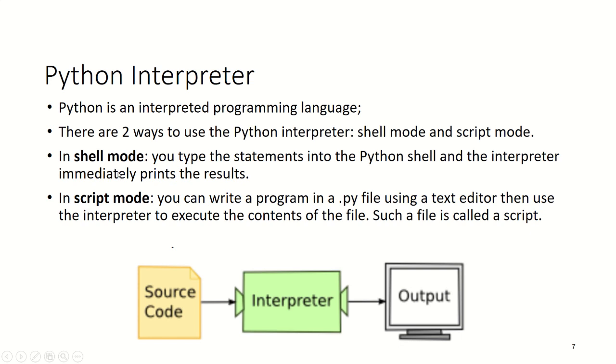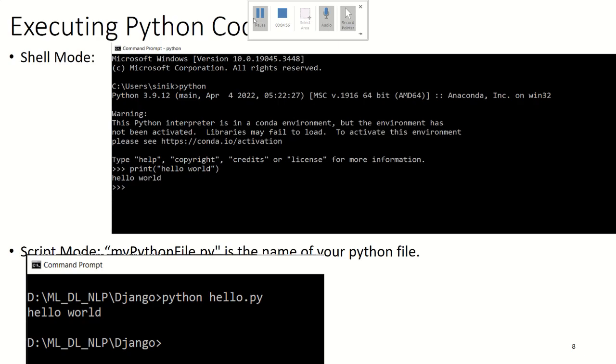One is the shell mode, the other one is the script mode. I will show you both. The shell mode is basically using the command prompt, where you have to take your Python and run it. And for the script, you have a Python file and you run python hello.py.